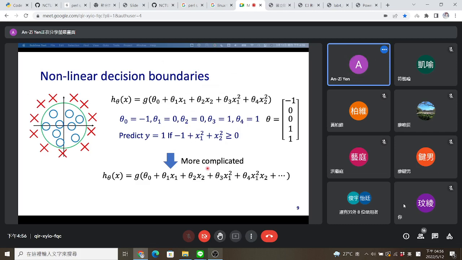So with higher order polynomial features, we can have a very complex decision boundary to fit your data. In the following slides, we want to talk about how to fit the parameters, using training data to find the parameters.